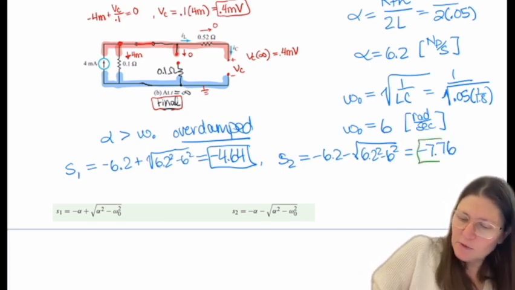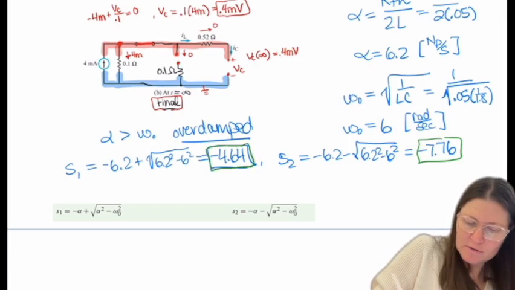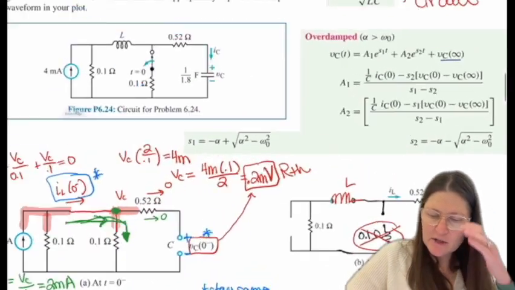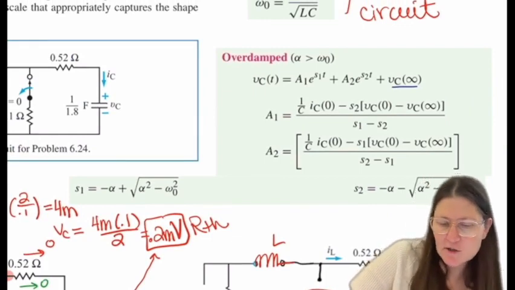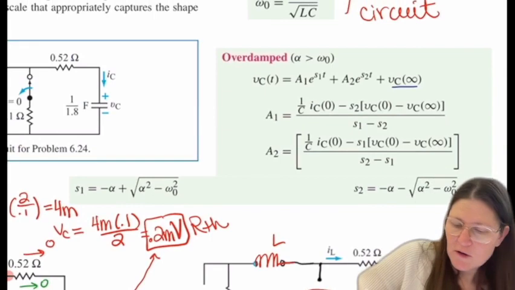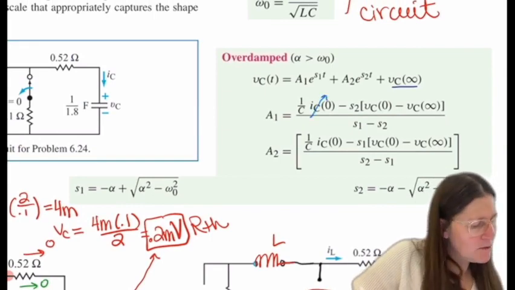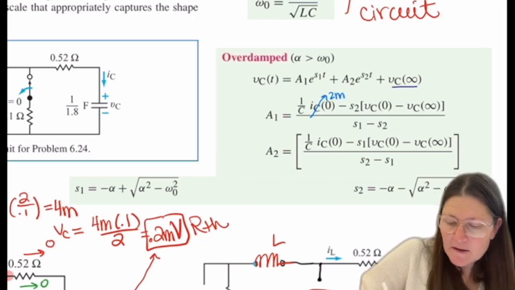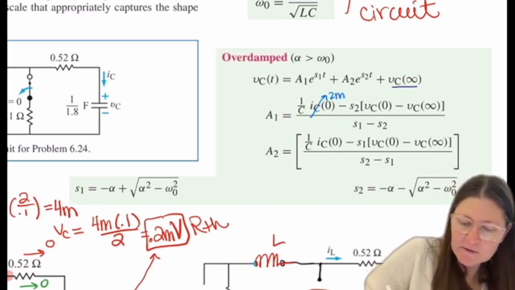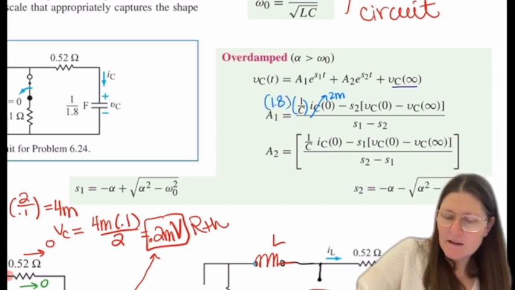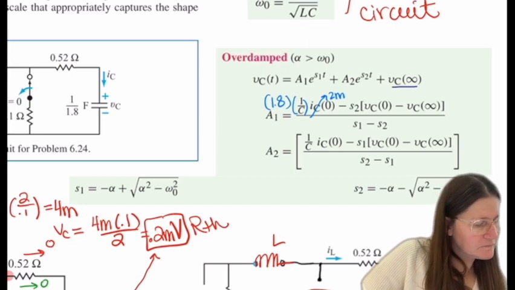So I use both of these two numbers, and then I can plug them into the equation for A1 and A2. IC0 was 2 milli. 1 over C is 1.8.